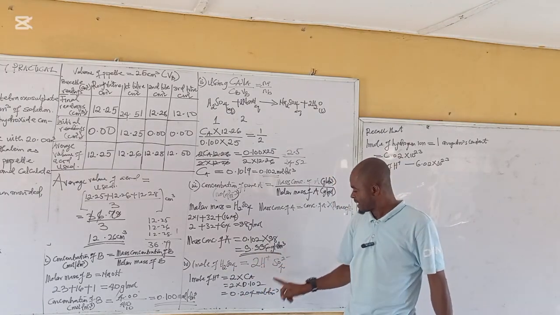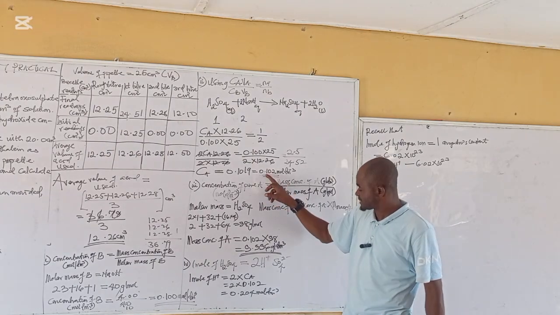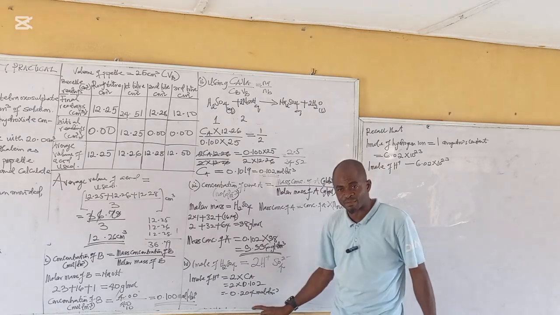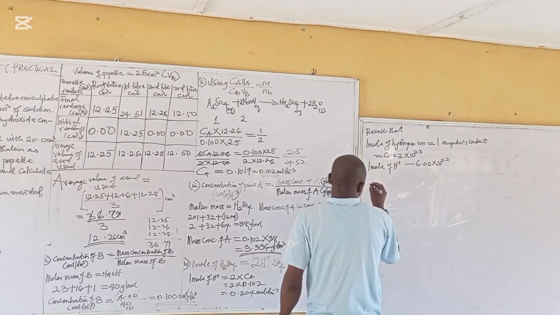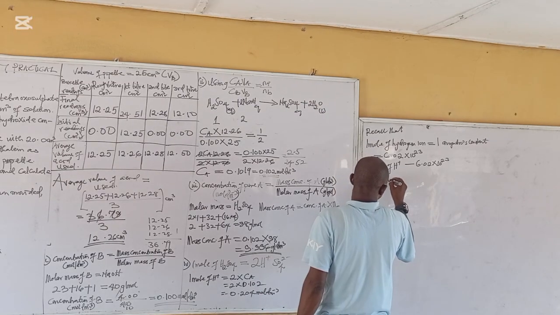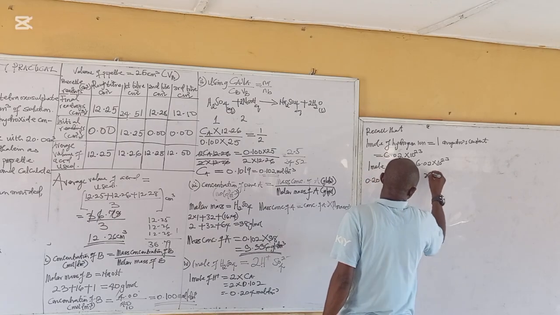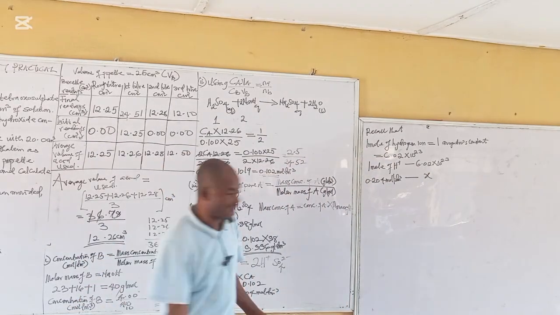That two is there, but we have a concentration, right? The concentration of that acid, we multiply it. These are the moles per dm cube in the H2SO4. 0.204 mole per dm cube will be equivalent to X, the number of moles of this one that we want.